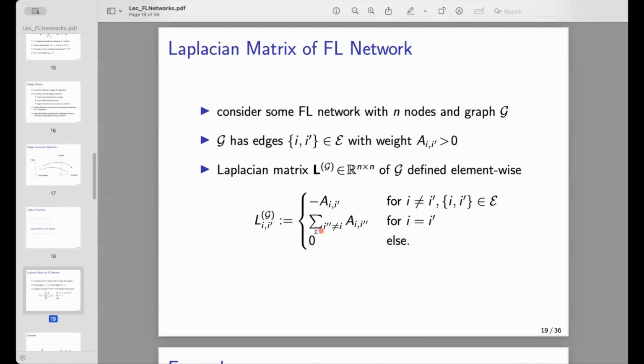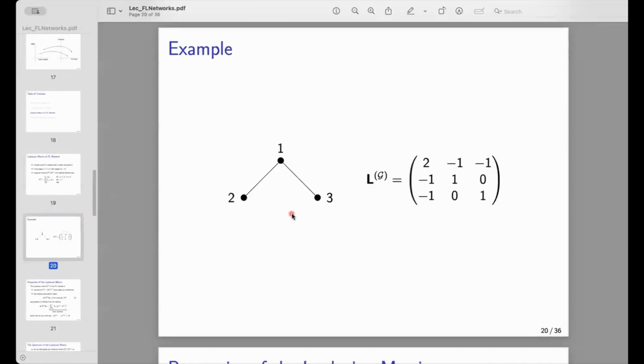And zero otherwise. So if there's no edge between two nodes i and i', the corresponding off-diagonal entry is zero.